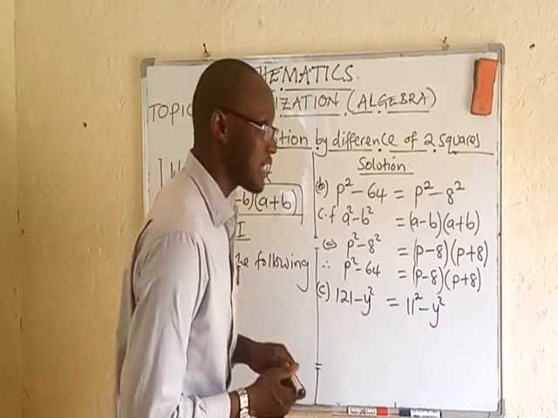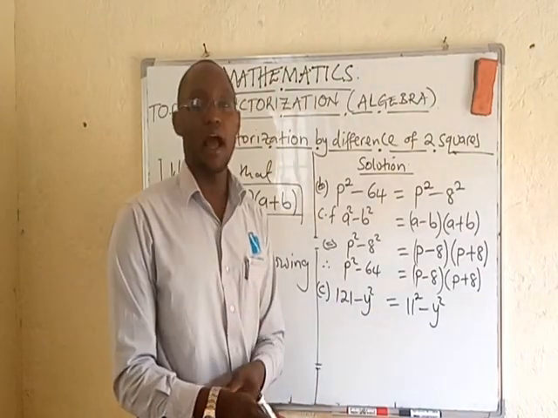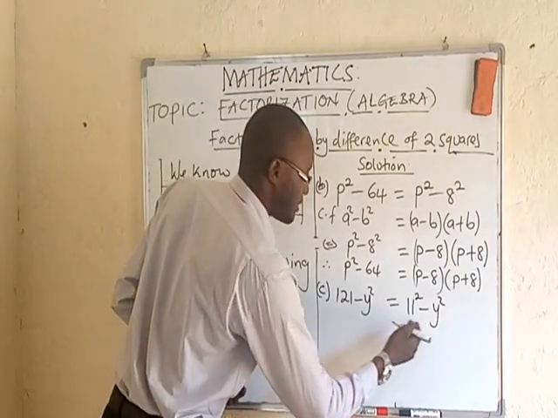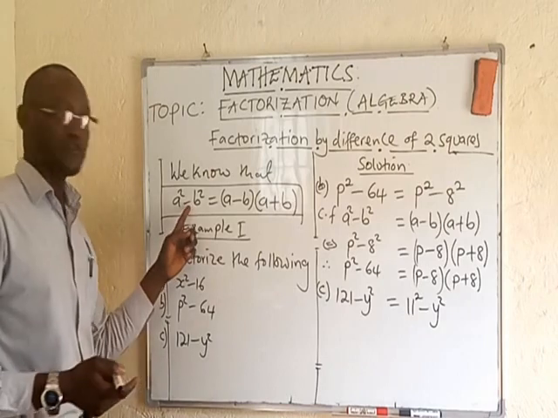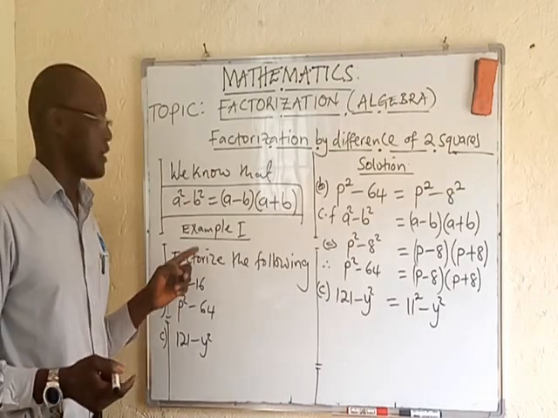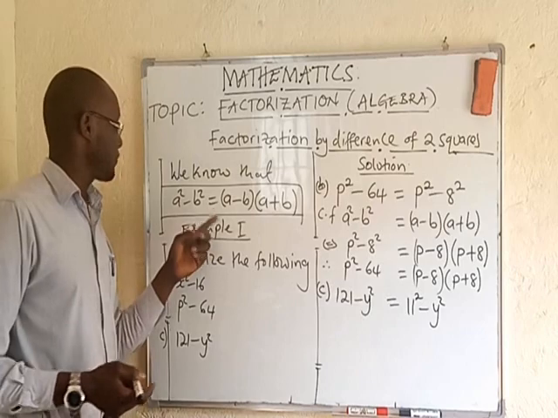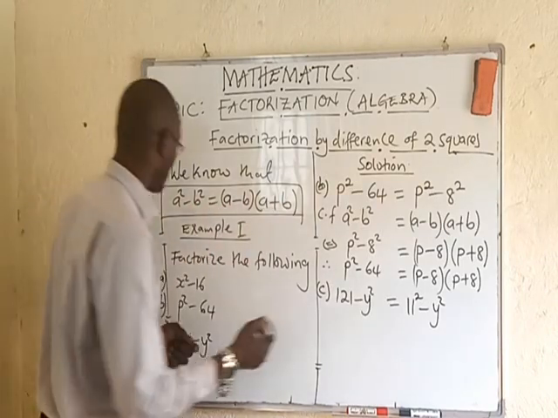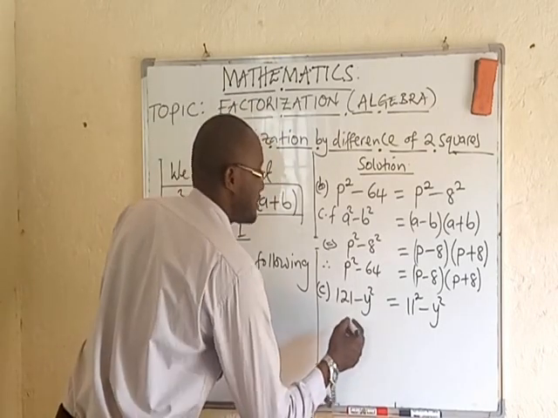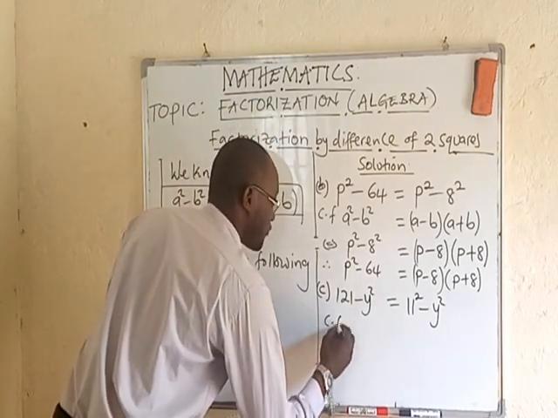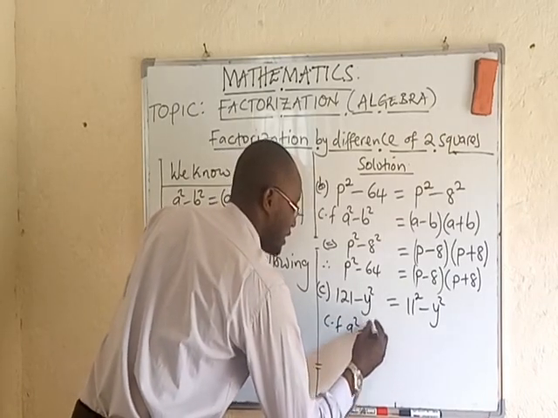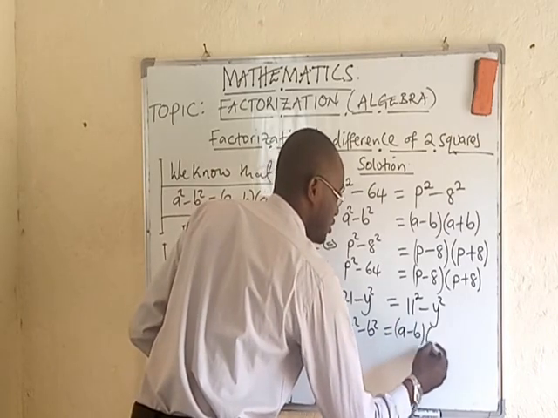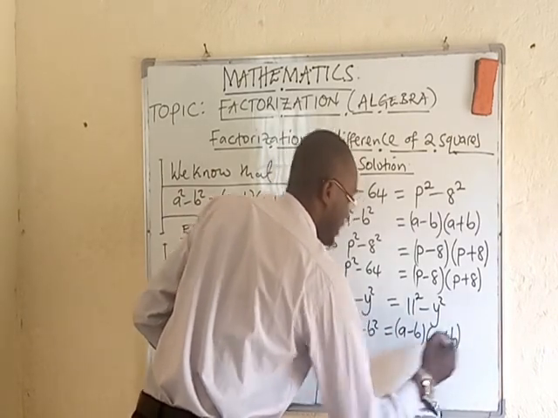This time around, we are starting with an integer, and then the unknown comes in later. Wonderful. So we say, Mr. Examiner, sir, this is already in form of a difference of two squares, which is our topic tonight. But what does the difference of two squares say? Get a, subtract b, then a, add b. Compare from a squared minus b squared, which is equivalent to a minus b, then into a plus b.